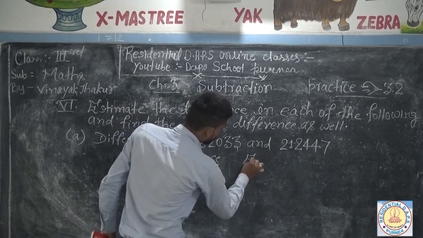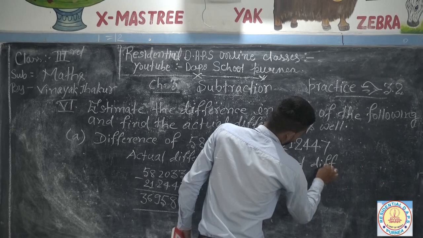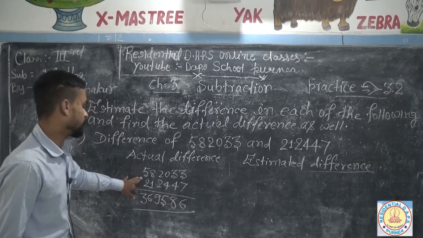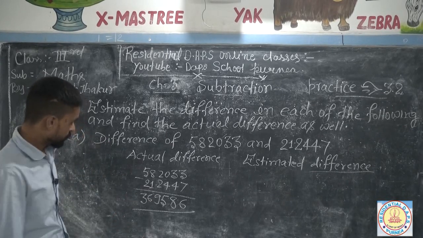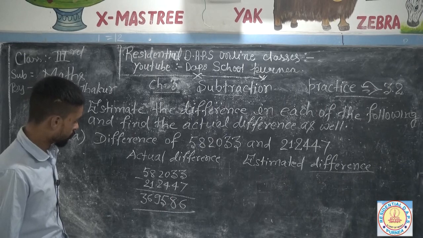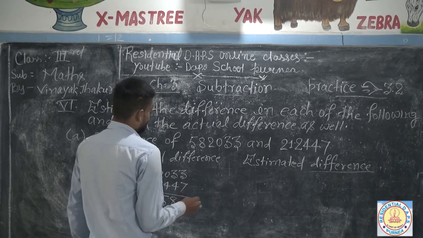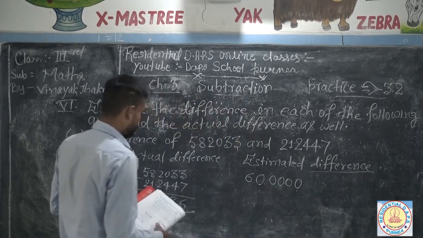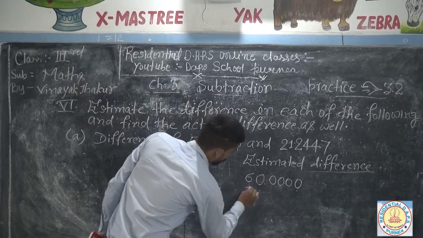Now the estimated difference: if you estimate 5,82,033, you would get 6 lakhs, and 2 lakhs for the other number.